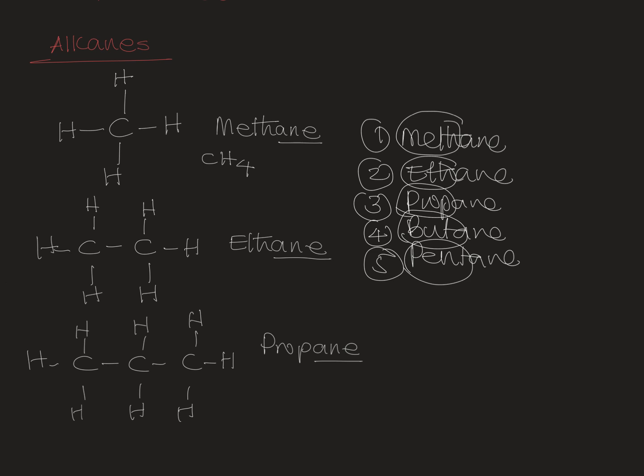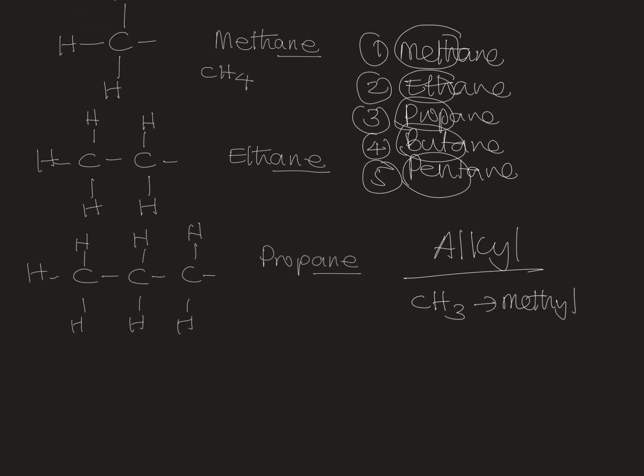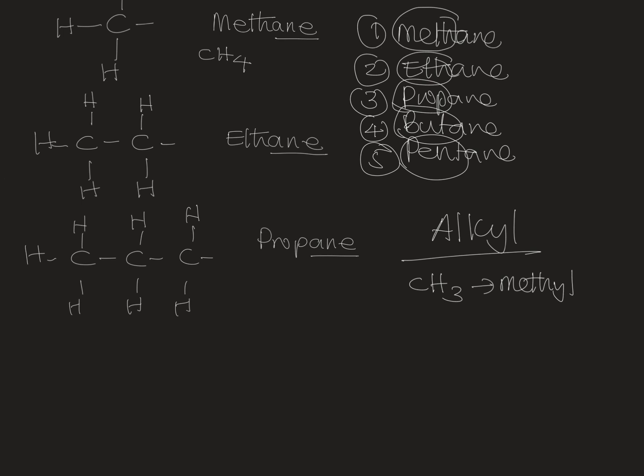Well, if this alkane that we talked about loses one of its hydrogens, we have a different functional group. And those are called the alkyl groups. So the simplest form of alkyl will be CH3, which we call methyl. Then the second will be C2H5, which we call ethyl.